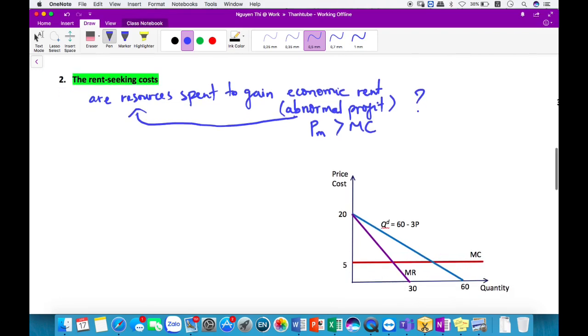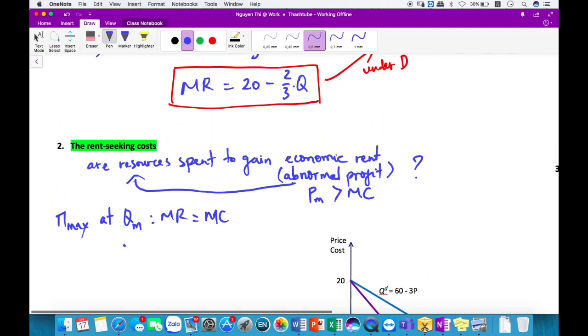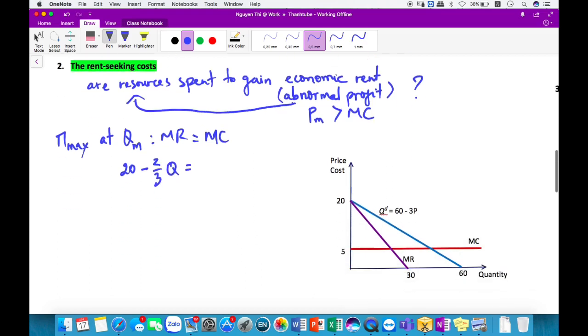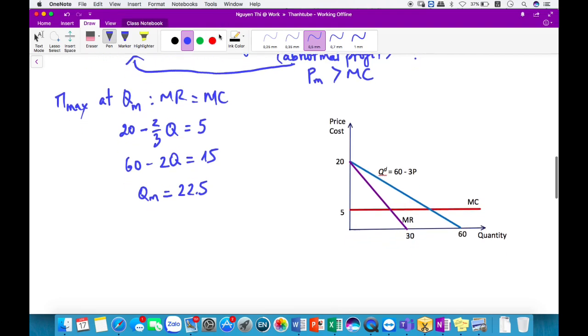The firm always tries to maximize its profit by producing at the quantity we call QM, where marginal revenue equals marginal cost. So marginal revenue we have here is 20 minus 2/3 Q equal to marginal cost, which is 5, or 60 minus 2Q equal to 15, or QM equal to 22.5.